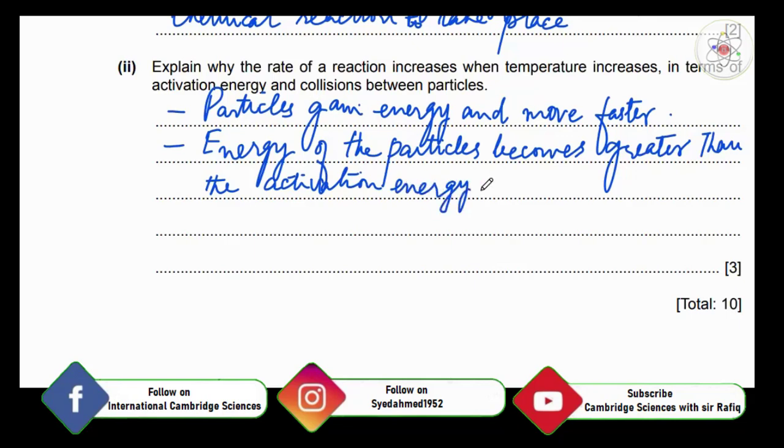So particles, when they move faster, will obviously collide faster, so there will be more frequent collisions. So there will be more frequent successful collisions or effective collisions.